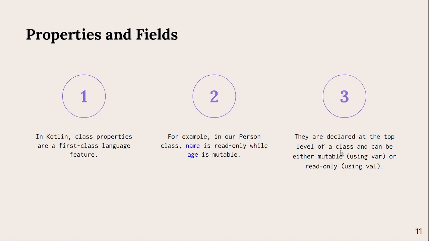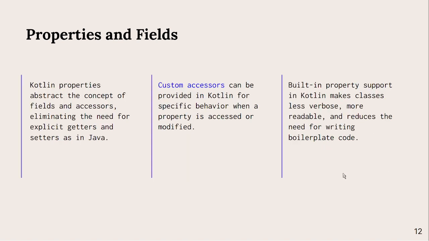They are declared at the top level of the class and can be either mutable or read-only. Kotlin properties abstract the concept of fields and accessors, eliminating the need for explicit getters and setters in Java.